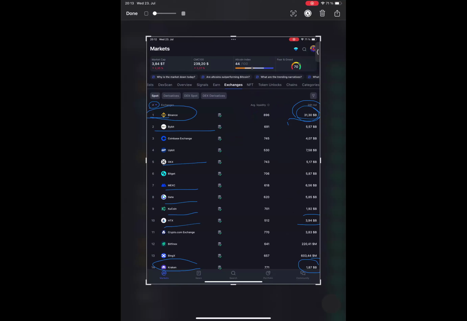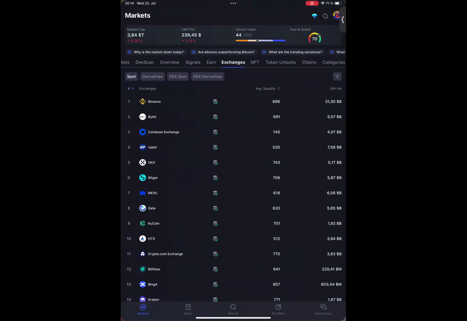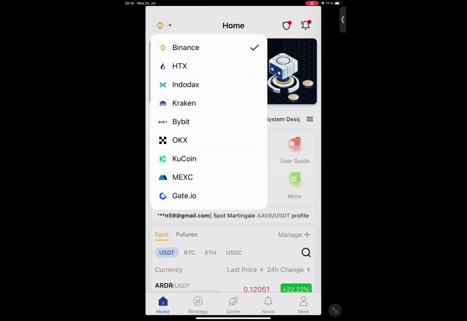Then HTX 3.94 billion, KuCoin 1.92, Gate.io 5.85. At least Gate.io is better than Kraken, and higher than HTX too. Then MEXC 6.56, then Bybit 5.57. So that is why I advise people to use Binance if it is available in your country.